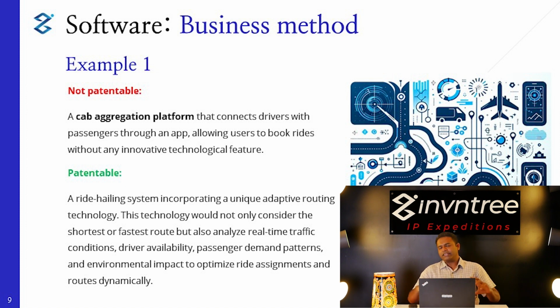Irrespective of how innovative your business idea could be, a business idea by itself cannot be patented. So in this specific example, if you are building a cab aggregation app, the cab aggregation app by itself cannot be patented.